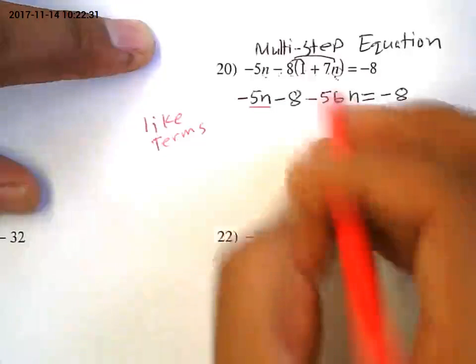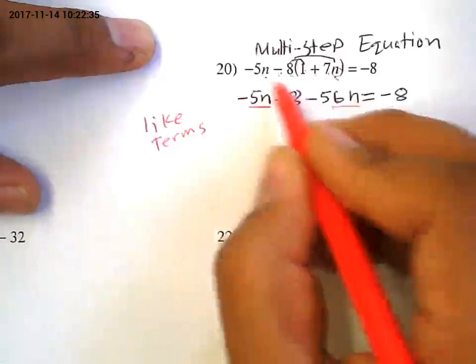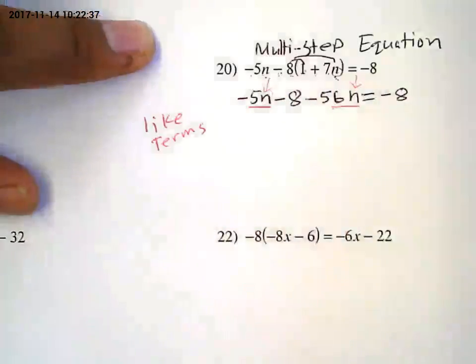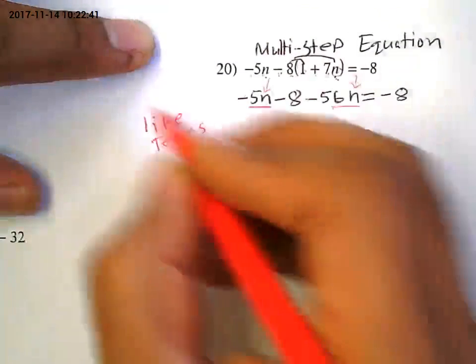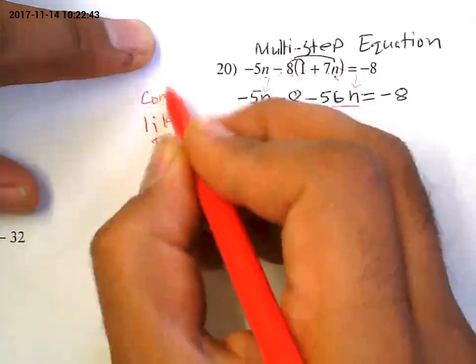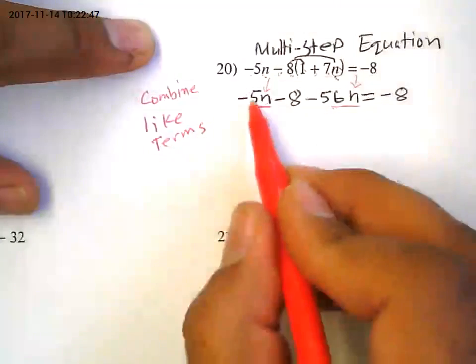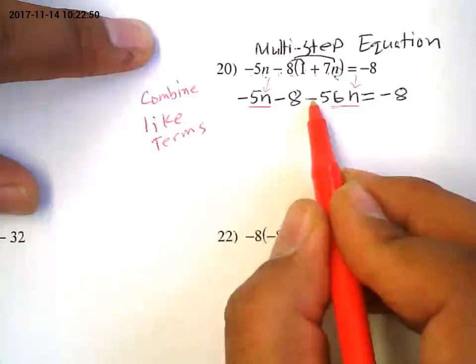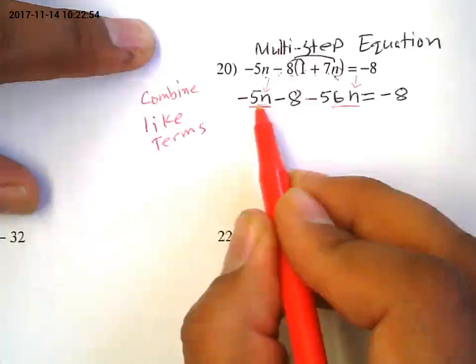They are like terms. The reason they are like terms is because both terms have n with them, right? That makes them like terms. So we will combine like terms, which is negative 5n minus 56n.